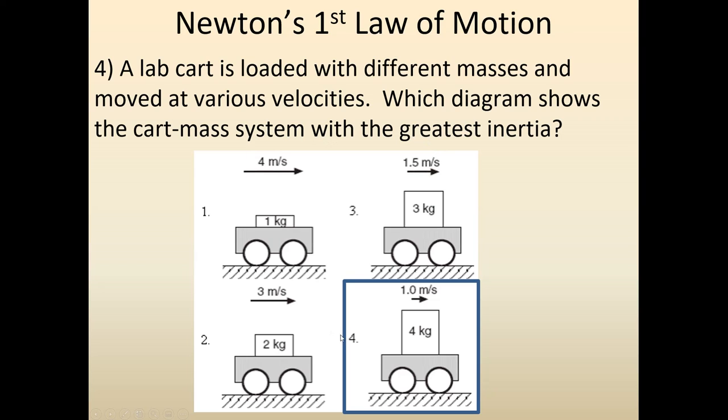So the trick here is that they're expecting you to use the velocity with the mass and find the momentums, and accidentally misread this as wondering which one has the greatest momentum rather than the greatest inertia. And they always set it up so that the one that has the greatest inertia never has the greatest momentum. In fact, this is the one with the greatest momentum.